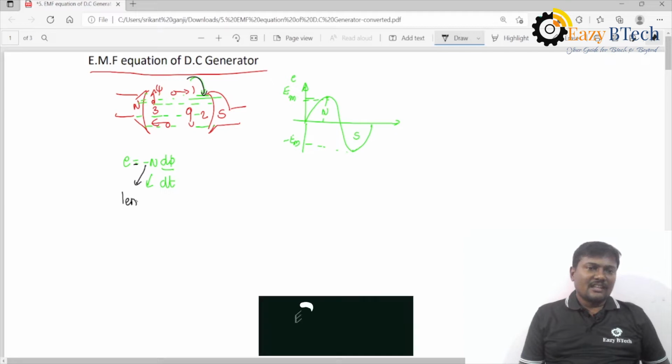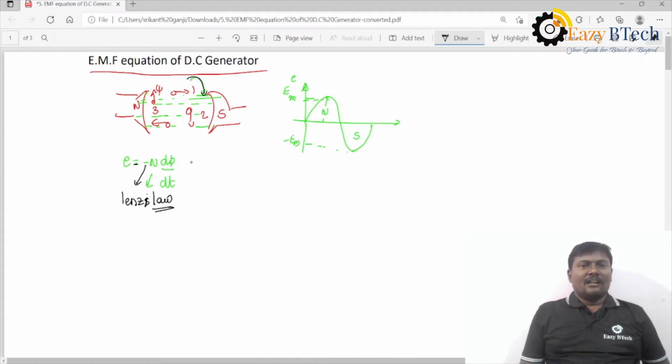This minus sign is according to Lenz's law. N is called the number of turns, but in this EMF equation of a DC generator, N is replaced with T. So T represents the number of turns.